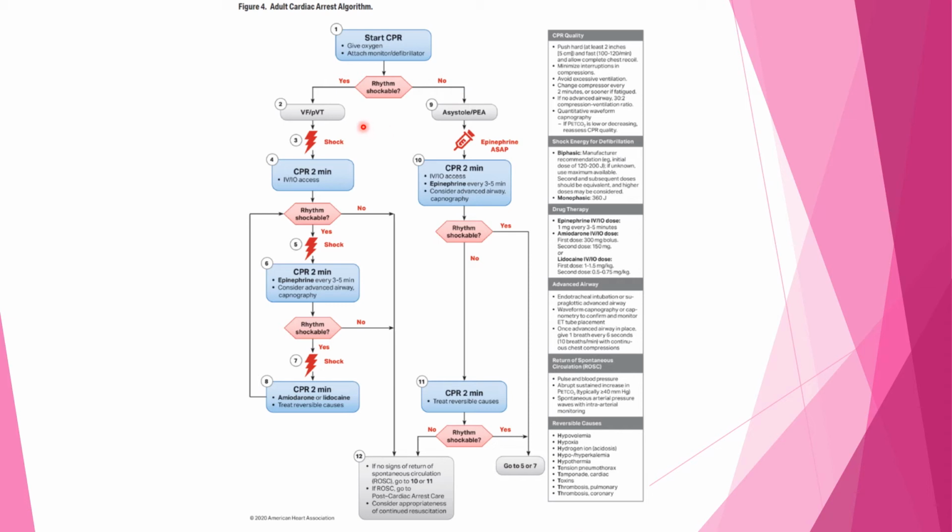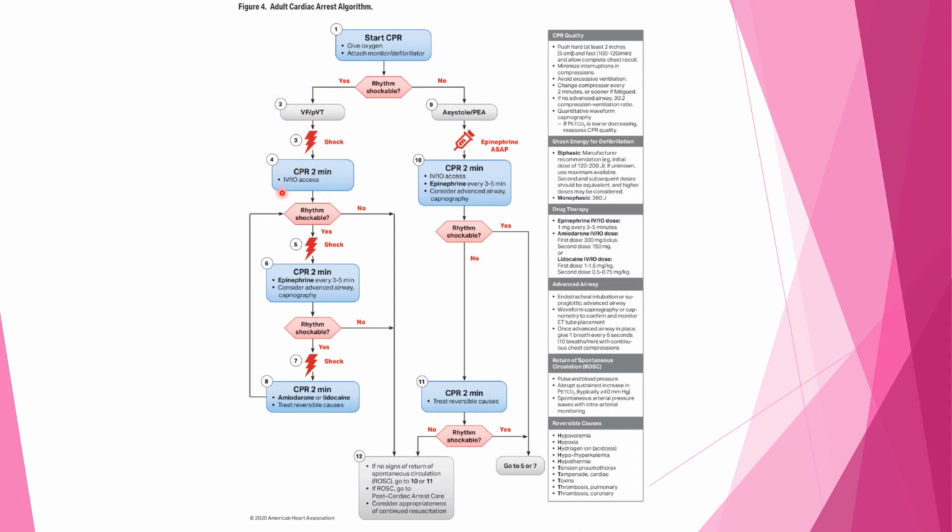If there is VF or pulseless ventricular tachycardia on the monitor, I will continue high quality CPR. Then I will give DC shock as soon as possible. So high quality CPR and shock.